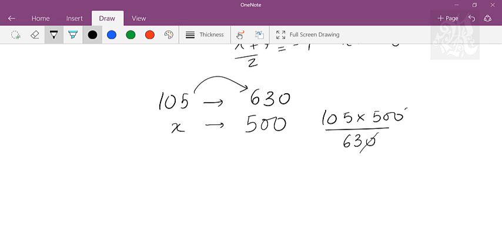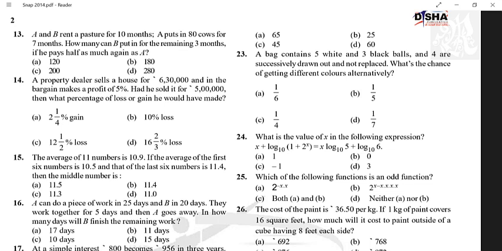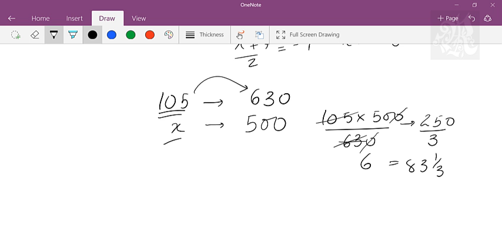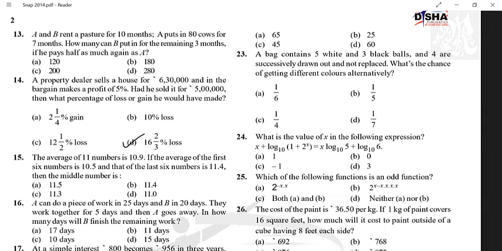So I'll have zeros cancelled here, and this is like 6 times, this is 6 times, so I won't cancel zeros, I'll keep it 6. So it's going to be 250 by 3. 250 by 3 is nothing but 83 1 by 3. Alright, so 83 1 by 3 is basically 16 2 by 3 of a loss. Because 105 means 5% profit, and 83 1 by 3 means 16 2 by 3% loss.